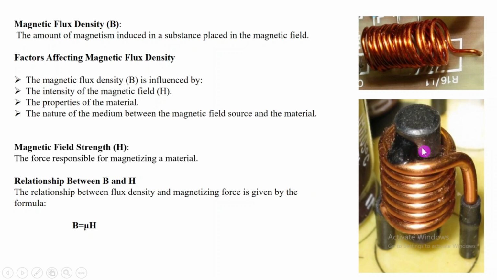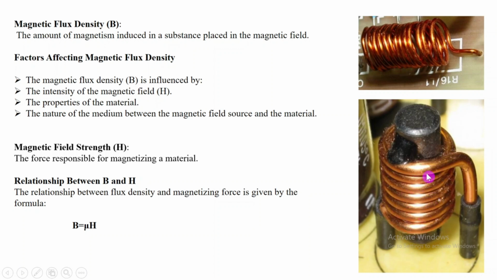Okay, so here in Pakistan, the frequency of AC alternating current is about 50-60 hertz. It means that 120 times the change in the polarity of the magnetic field will occur in this device which is present in the circuit.